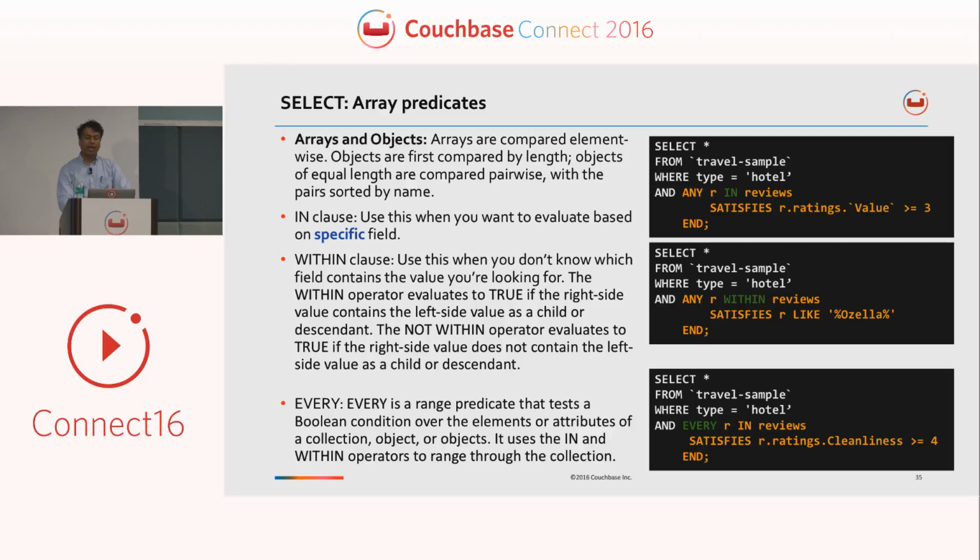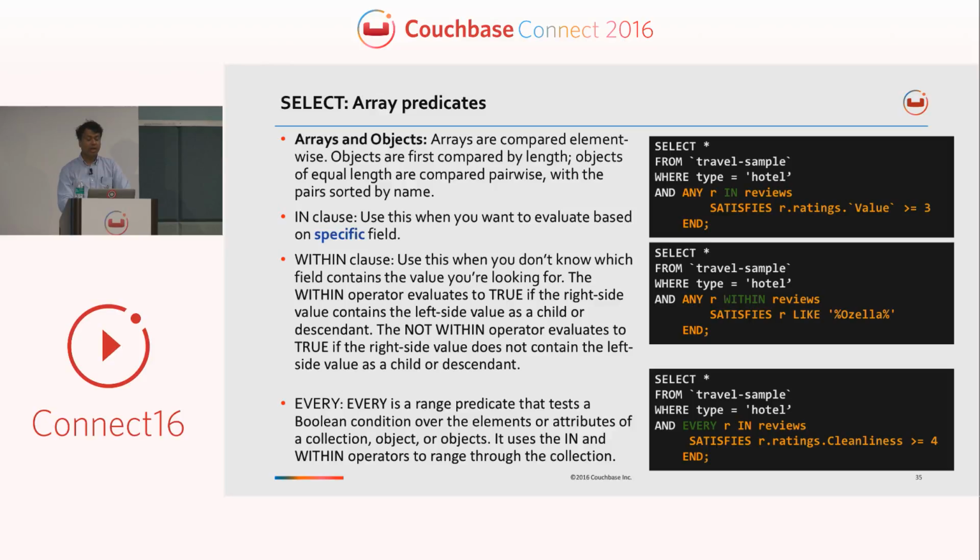That means this predicate goes through every object within the reviews and looks for any ratings dot value greater than or equal to 3. For each document it does that. If any one of the ratings dot values is greater than 3, that document gets qualified. That Boolean expression becomes true. Otherwise, if none of the values satisfy this, the document will be rejected.